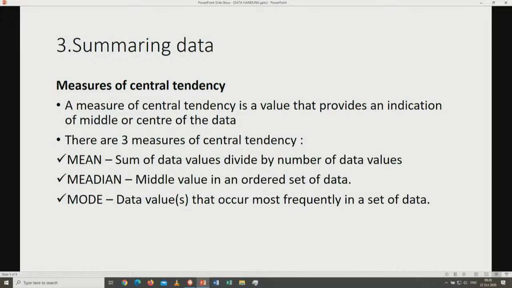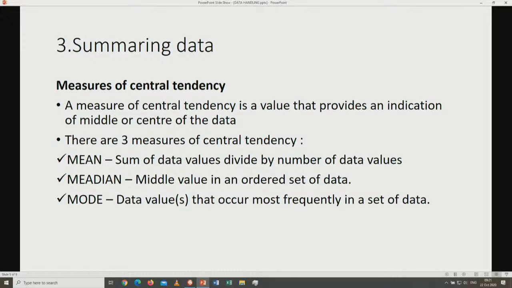Mode is our last measure of central tendency. Mode is a data value or values that occur most frequently in a set of data. It doesn't mean our mode should be one. Our mode is a common number that appears mostly in our data set.